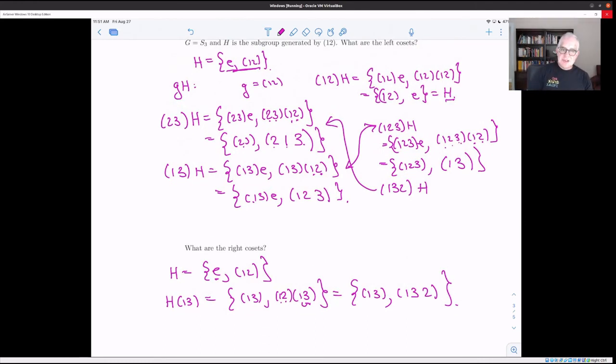it looks similar to the other case, except notice that when we looked at 1 3 H, the coset had 1 3 and 1 2 3 combined. Whereas when we looked at H 1 3, the coset has 1 3 and 1 3 2 combined. In other words, these are not equal to each other.